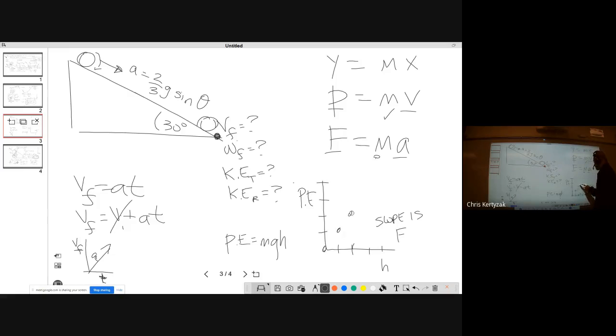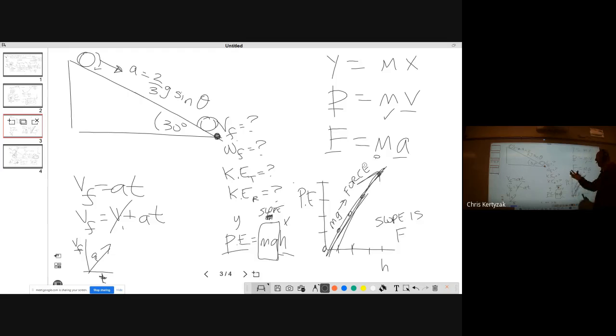Not surprisingly, that's linear, because potential energy is proportional to h. And then what would the slope be? Well, if this is on the y-axis, this is on the x-axis, and the remaining bit must be the slope, so that means the slope of this graph is mg.